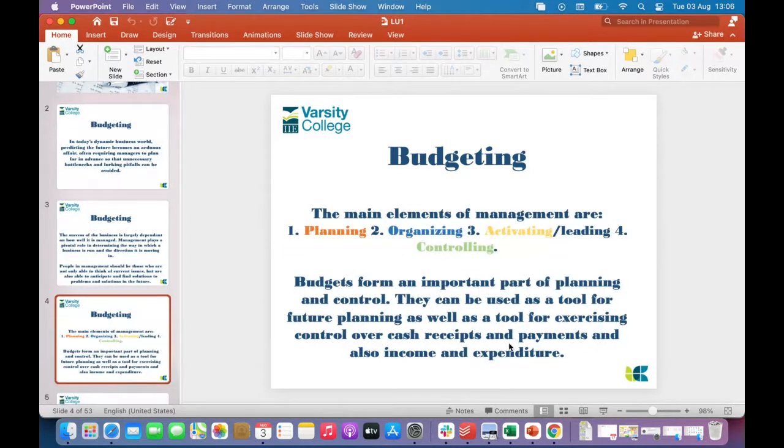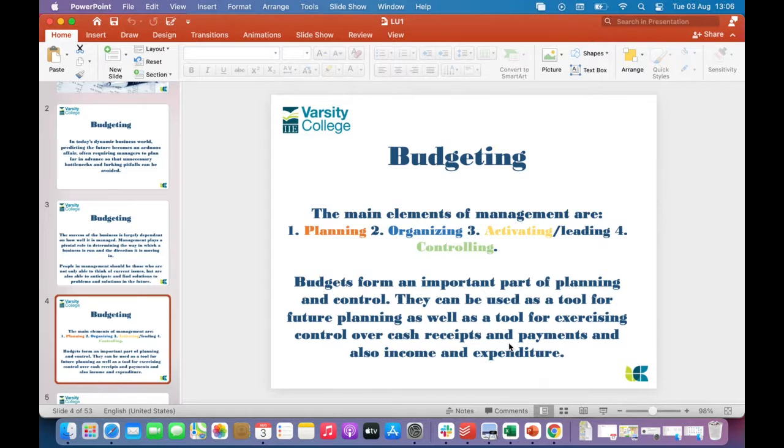The main elements of management are planning, organizing, activating or leading, and controlling. I'm sure you guys may have come across this in your various management modules. Budgets form an important part of planning and control.